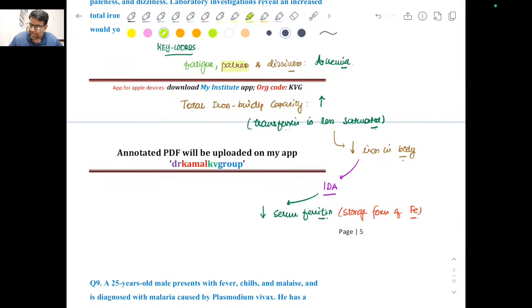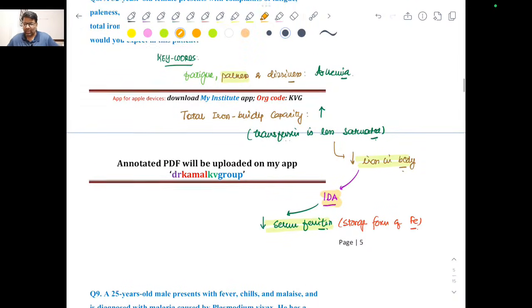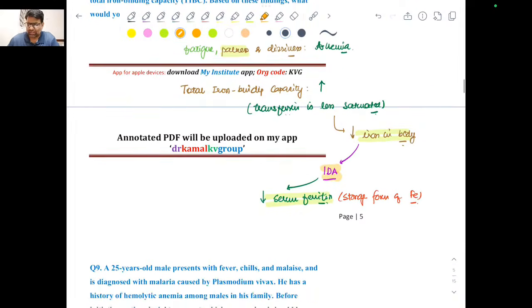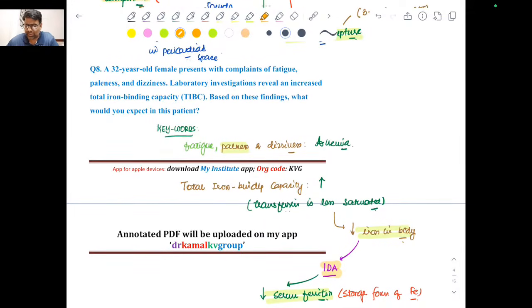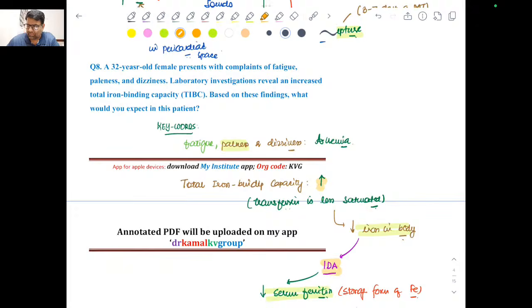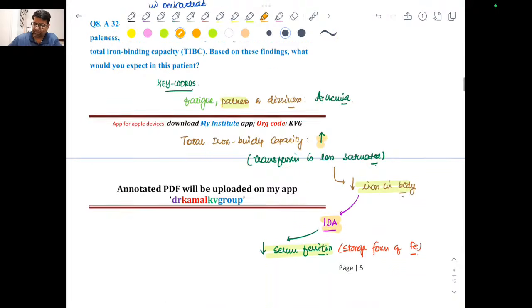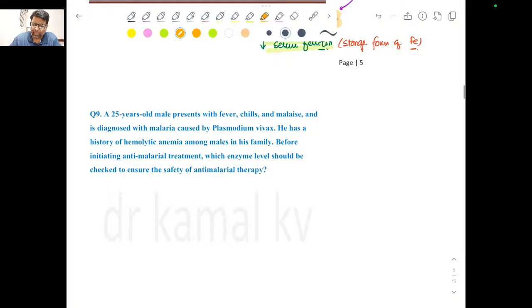So one can see low iron in the body, one can see decreased serum ferritin in the body, and this is a classical picture of which condition? Iron deficiency anemia. Very good, Priya, right? So based on the option you can mark your answer. Every year we have a question from anemia topic as such. Next question.